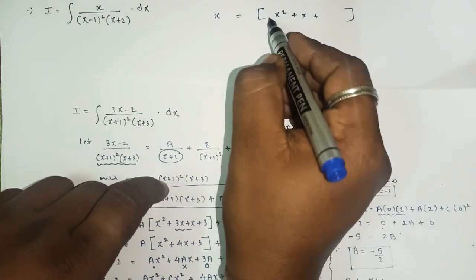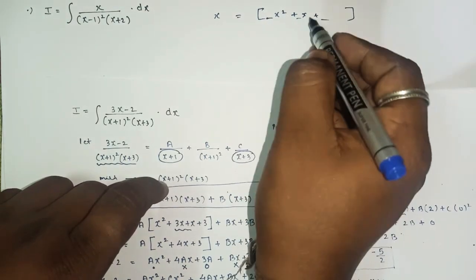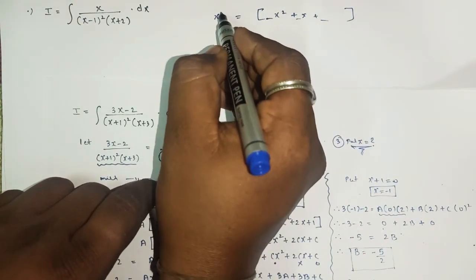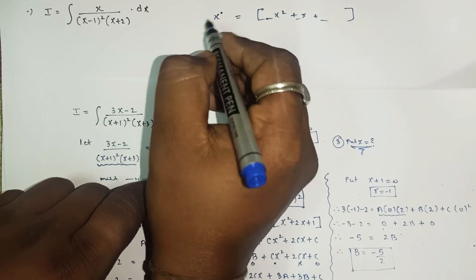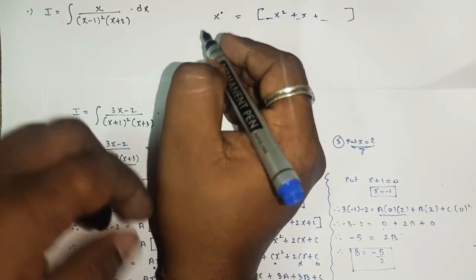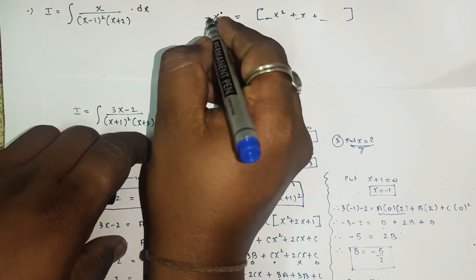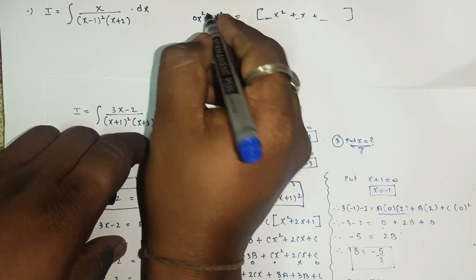Yes or no? So when you compare the coefficients of the left hand side and right hand side, we have only x. Whenever any term is missing, we can consider its coefficient as 0.